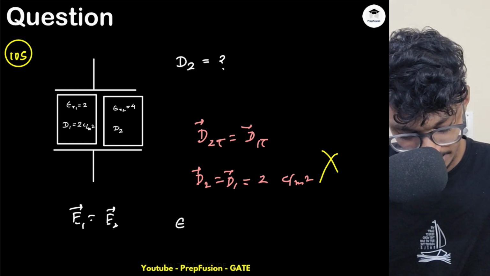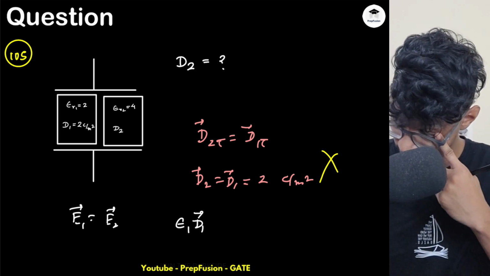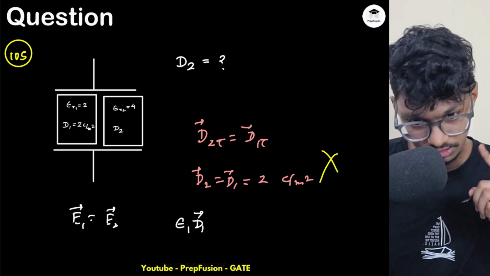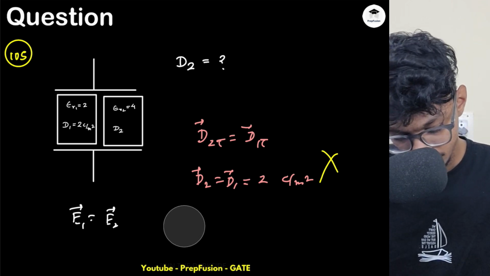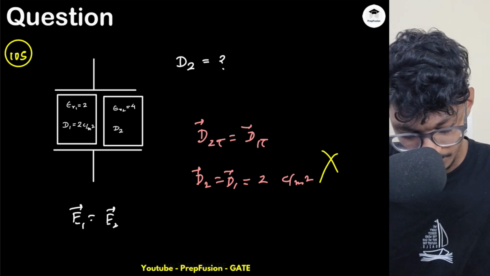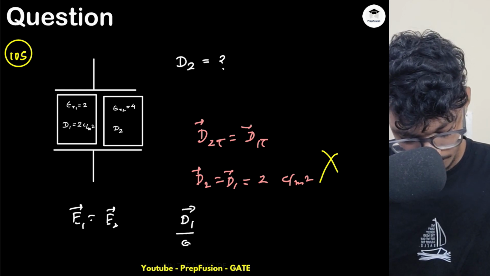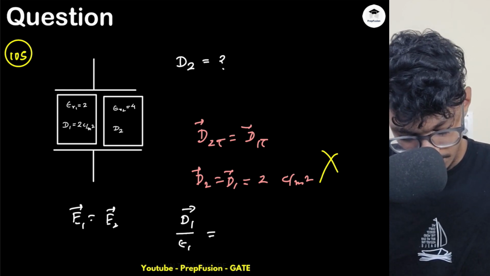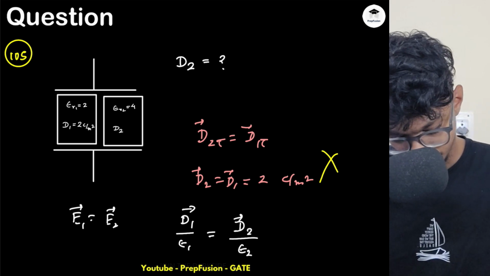Sorry, D1 equals epsilon 1 into E. So E1 will be equal to D1 by epsilon 1, which is equal to D2 by epsilon 2.